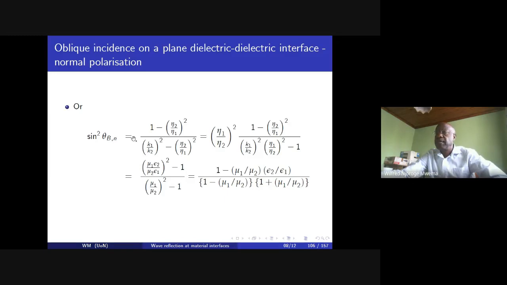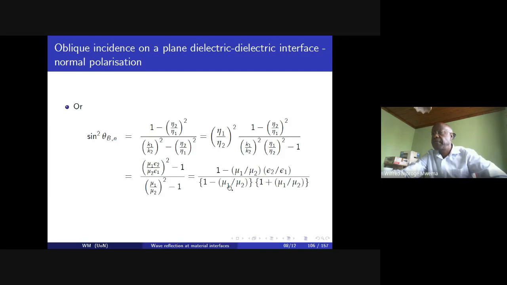So we can correct that immediately in that form, and we see that once we replace this by the values, we get that 1 minus mu 1 over mu 2 times epsilon 2 over epsilon 1 must be given by that value, where we are using the difference of squares.